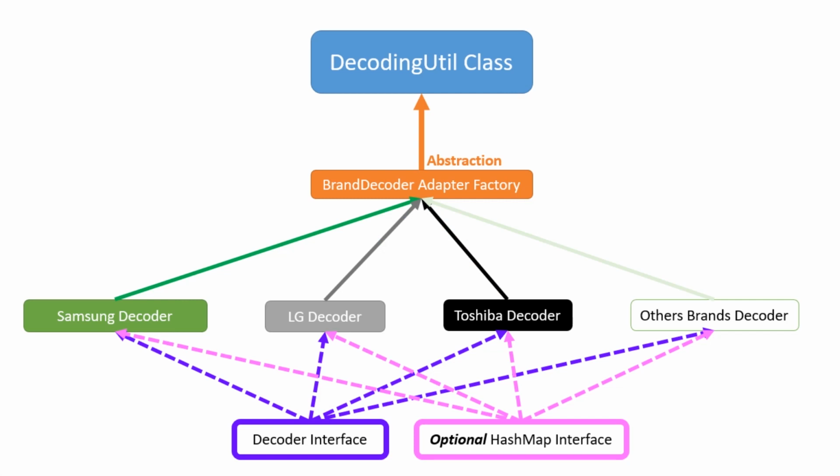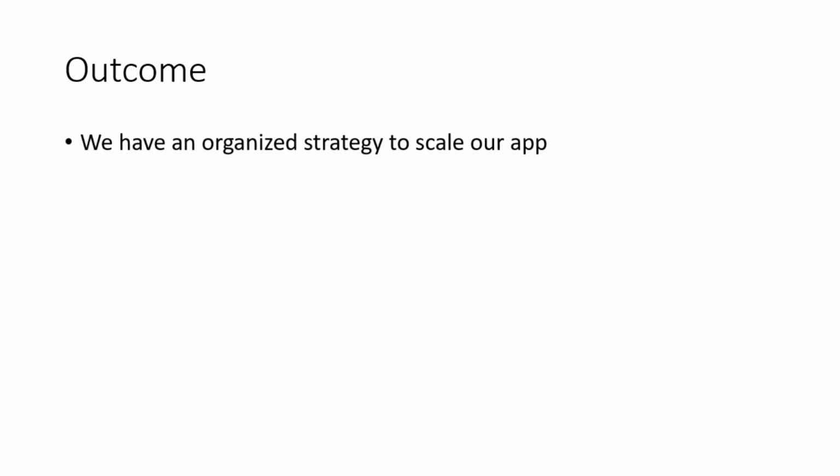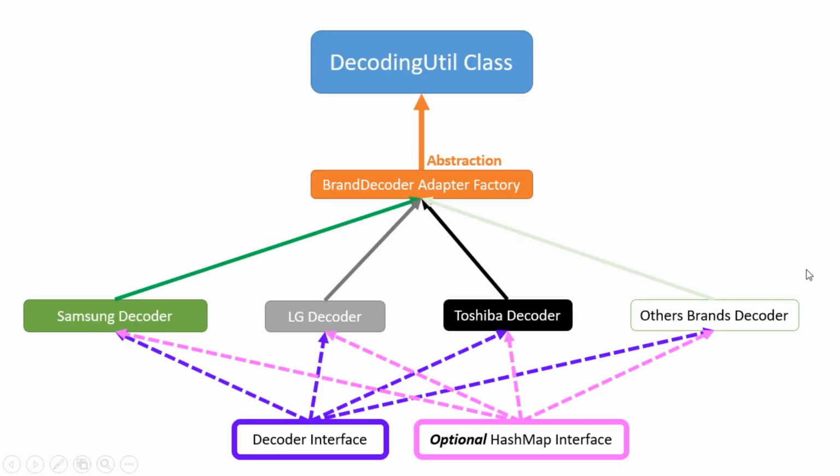So moving on, what's the outcome of what we have done here? Now we have added an organized strategy to scale our app by simply adding another brand decoder which implements each of these interfaces and just notifying the factory. That's what we have done here. All the hard work will probably be in these classes, like the Toshiba decoder, LG decoder, Samsung decoder, and so on.